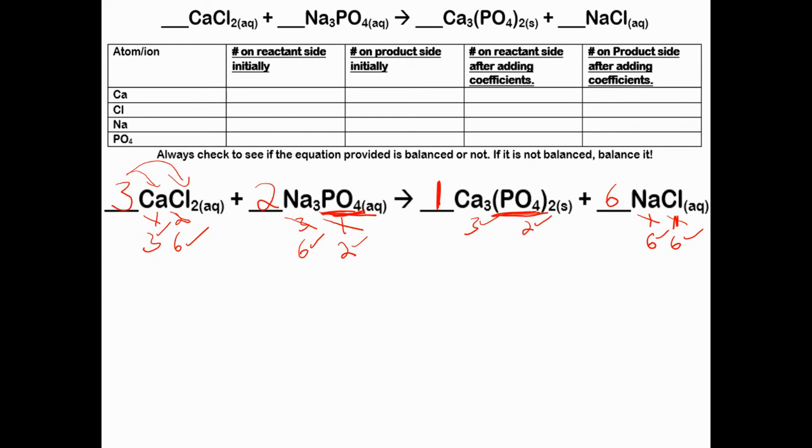If I have 3 Cls here and 2 there, I need 6 Cls total. So then you would have to erase your 3 over here and then come up with a 6 instead. So basically, there's many ways you can approach it. You don't want to put any decimal values, but there are cases where you can put a decimal value as a trick to help you balance the equation, and I'll show you that shortly.